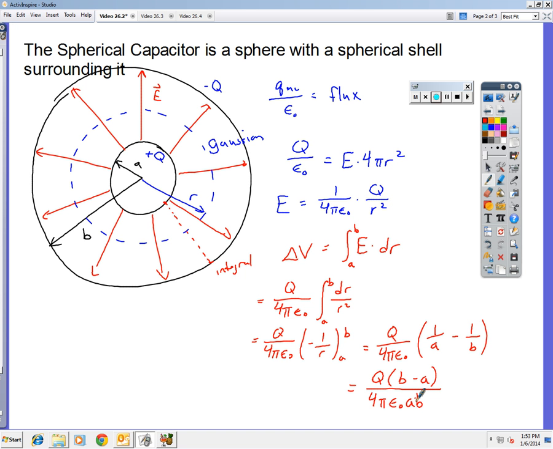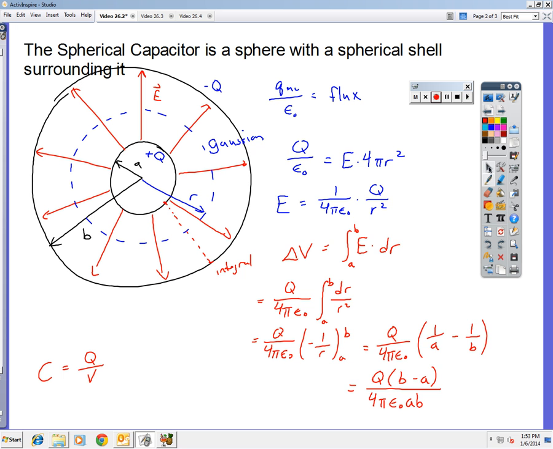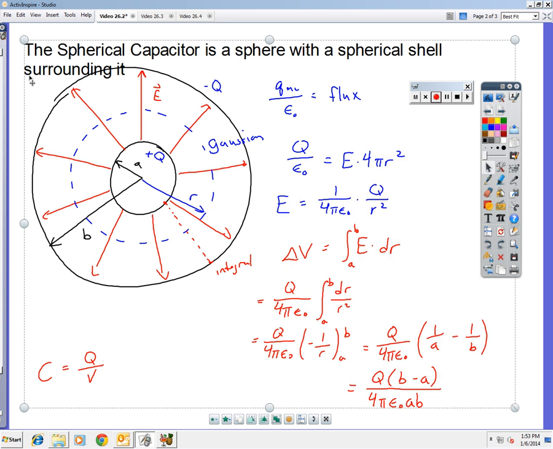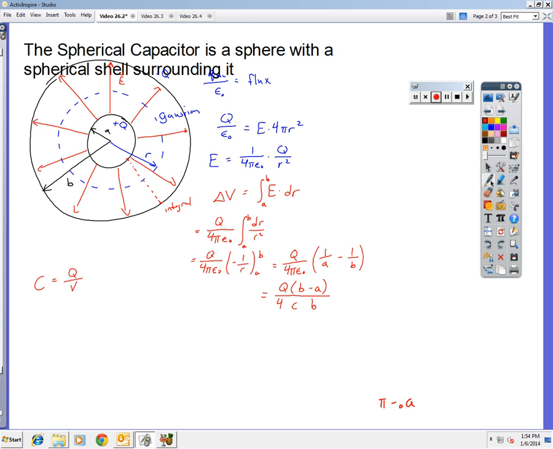We're not quite done though. Our last step, we're going to find the capacitance, which remember is Q over V. So we've got our expression for V. I'll make this all a wee bit smaller.